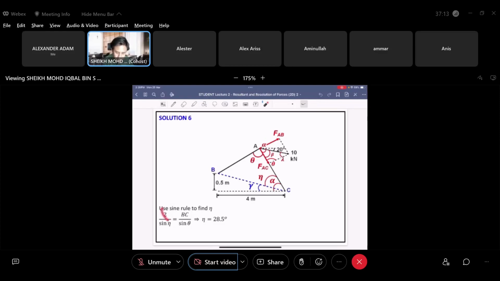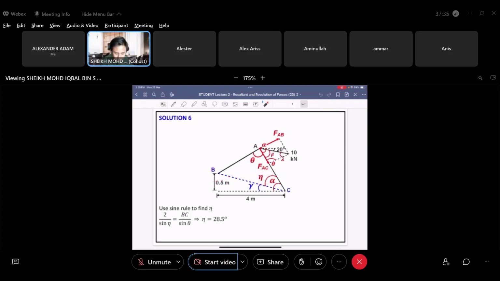For example, 2 divided by sine eta equals BC divided by sine theta. We have BC, we have AB, but we don't have eta, so there's only one unknown. We can directly solve it, right?